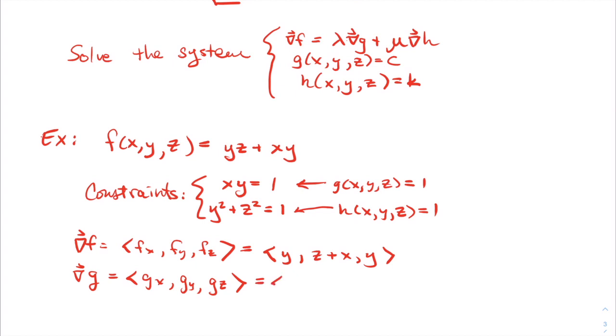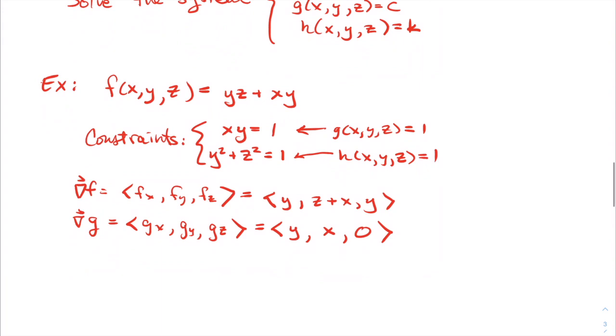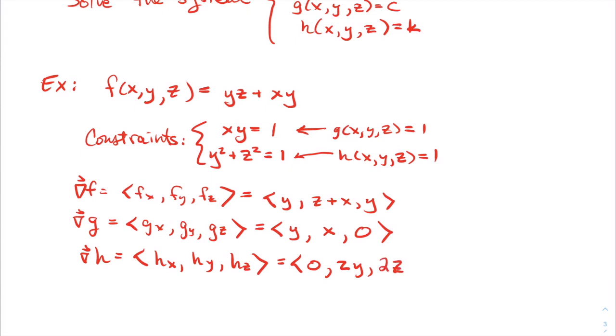So gx is just y, gy is x, and gz is 0. There's no z in g. And then, of course, the gradient of h is going to have its three components hx, hy, and hz. And h with respect to x is 0, with respect to y is 2y, and with respect to z is 2z.